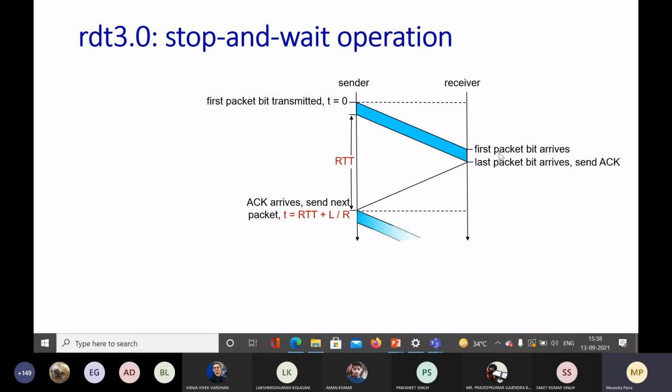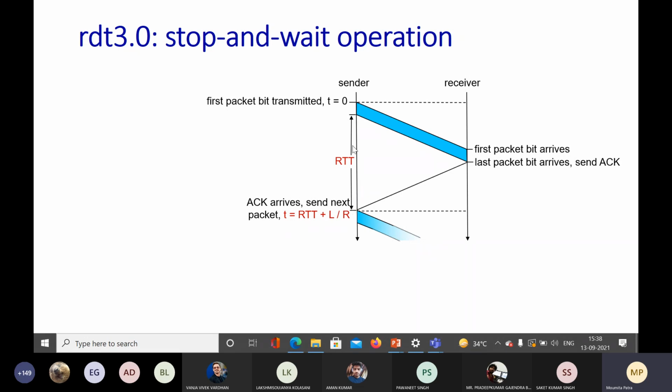Until the last bit of the packet is received, the receiver will not send an acknowledgement. It will send the acknowledgement only after the last bit of the packet has arrived. Then the acknowledgement is sent from the receiver side and received at the sender side.